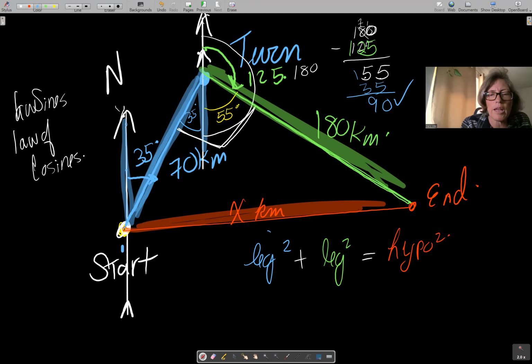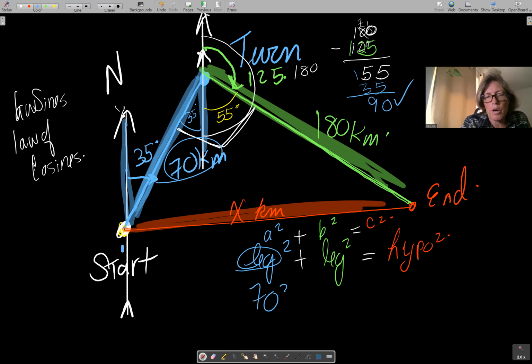You would know this as a squared plus b squared equals c squared. But I never use that version in my class. I use the descriptive version. So we have one leg is 70 squared plus the other leg. Notice I'm circling as I plug stuff in. That keeps you from losing track.